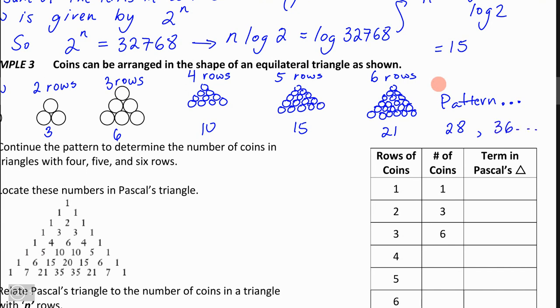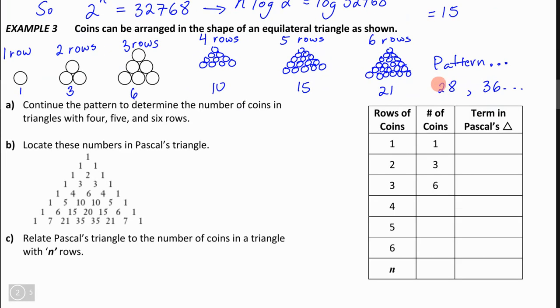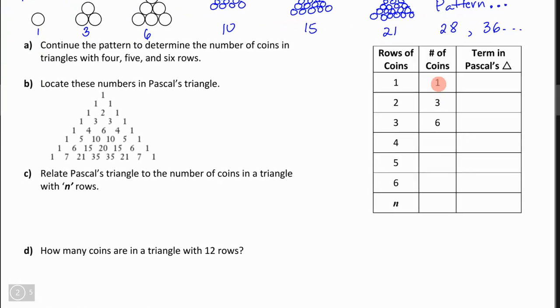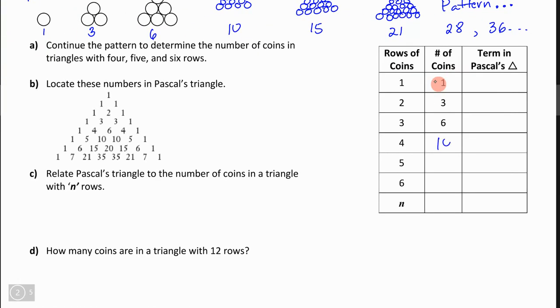Okay. So let's fill in my table here. So I have 1, 3, 6, 10, 15, and 21. And I'm going to move on before I fill in that last row here.